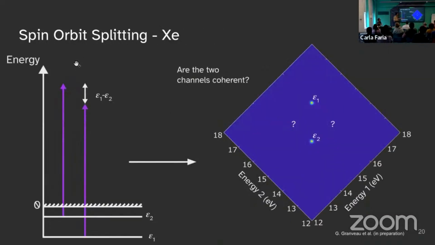So one thing we'd like to try is imaging the displacement of the... there are two different channels. With one harmonic, we'll get two states here, and we want to know if they are coherent. So we want to know if this part is zero or not.